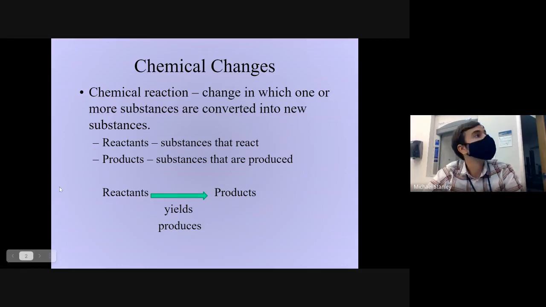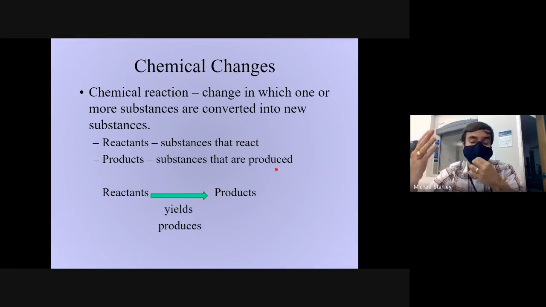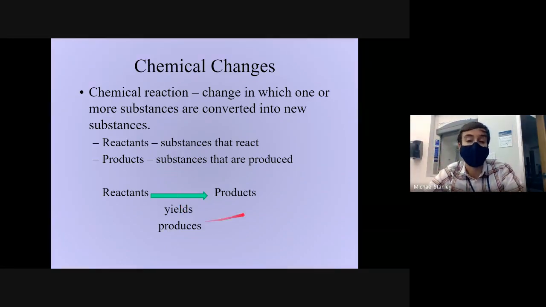So if you remember from Tuesday, our starting materials, the substances that are going to react together, are called our reactants. And the things that are produced, our ending materials, the things we end up with, are called the products. Again, very creative names from scientists. Reactants are what react together. Products are what are produced.